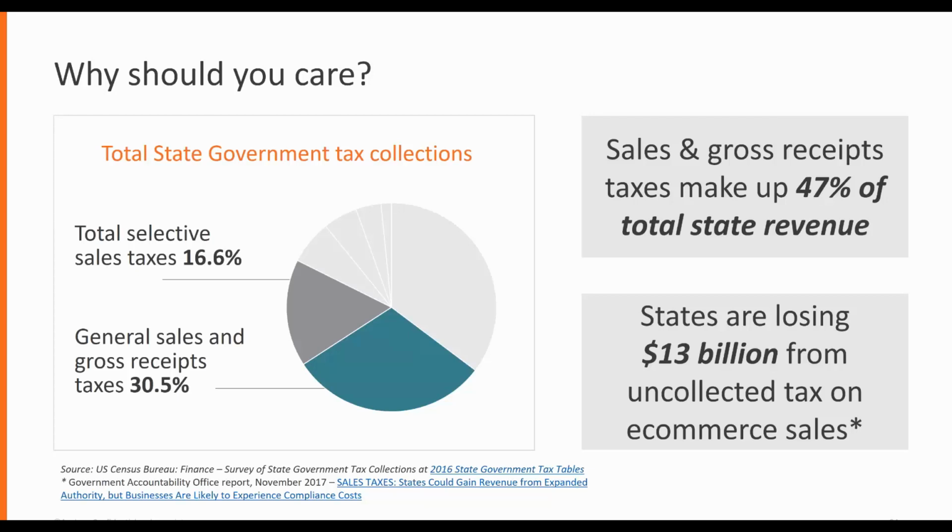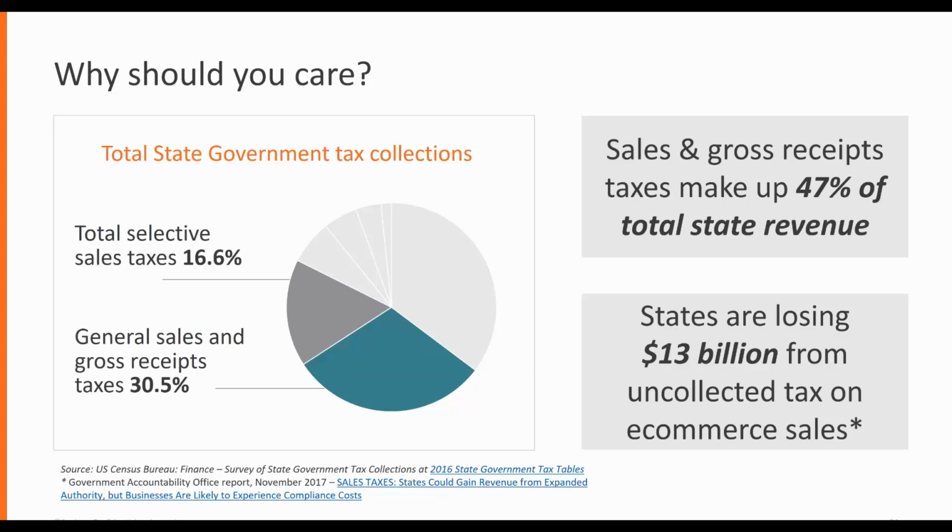So just as a base to look at why sales tax is a problem, if you look at this pie chart, almost 50% of a state's revenue comes from transactional tax, right? They have all these different sources of income, and almost half of it's just coming from sales and use tax.